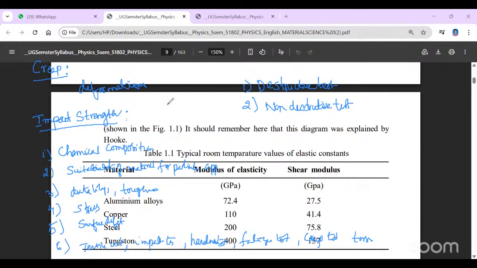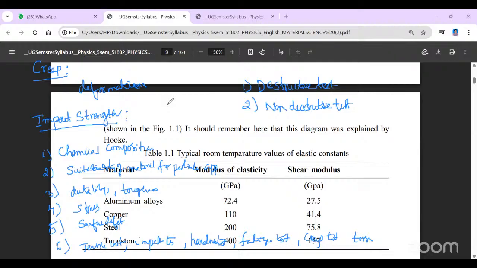Generally the tests used here are the tensile test, hardness test, impact test and creep test. These tests are conducted in the case of the destructive test.